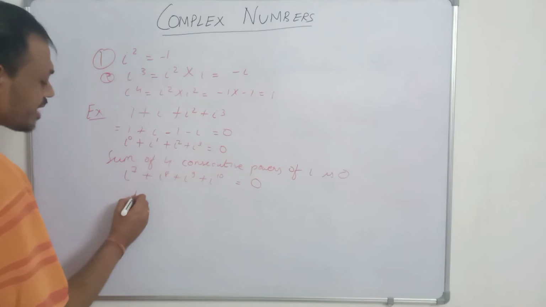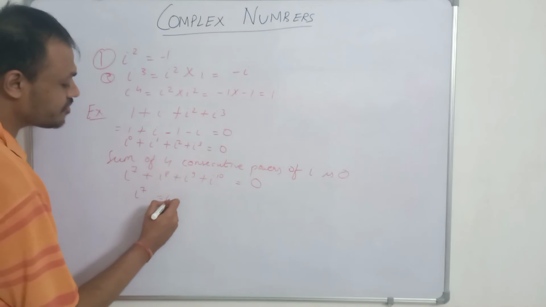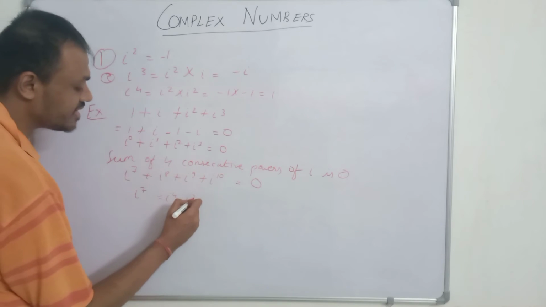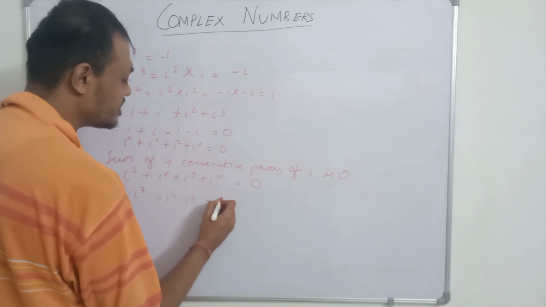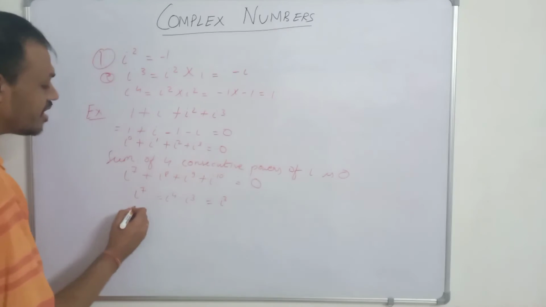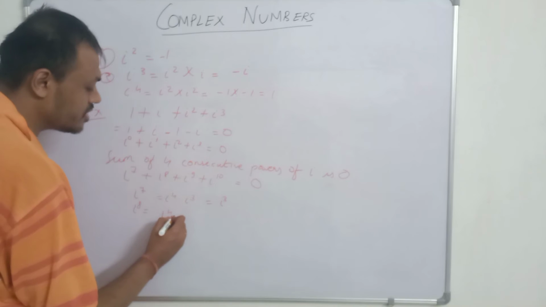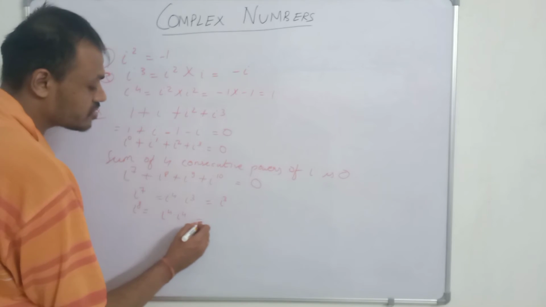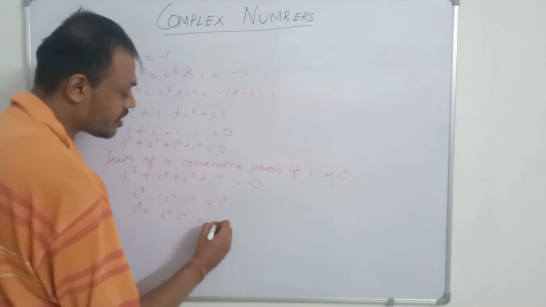Now iota to the power 7 can be represented as iota to the power 4 dot iota to the power 3. So this is equal to iota to the power 3 because iota to the power 4 is 1. Iota to the power 8 can be represented as iota to the power 4 dot iota to the power 4. So 1, or iota to the power 4.